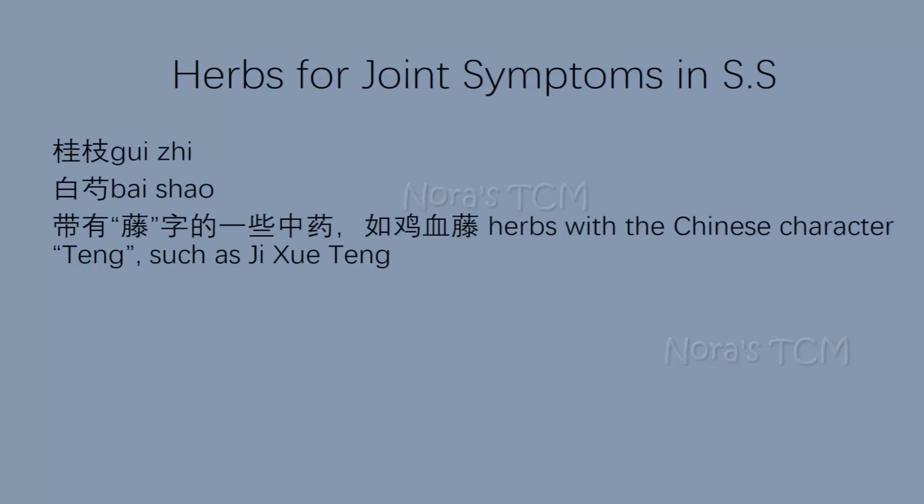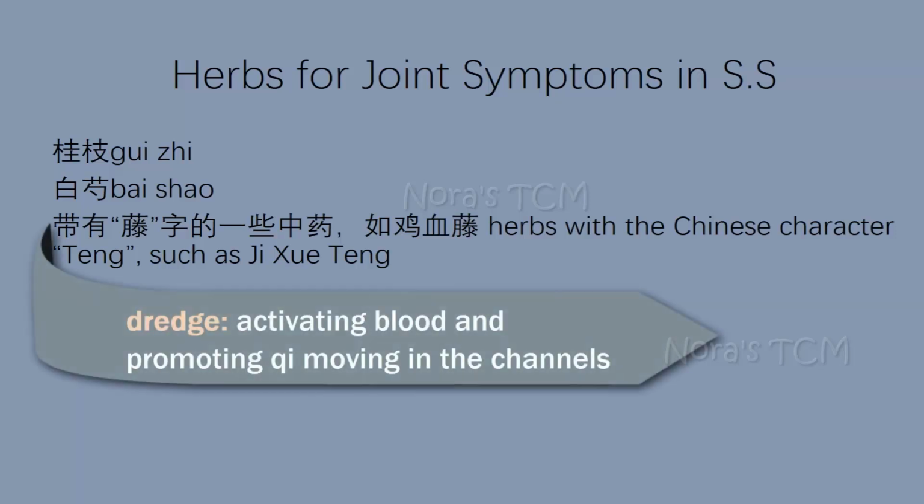Herbs for joint symptom in Sjogren syndrome, we normally use 桂枝, 白芍, or herbs with the Chinese character 藤 such as 鸡血藤. And herbs for joint symptoms, this is a complete systemic damage in the developing of the disease. And the 藤 is a kind of a series of herbs with very strong function to 通 meridian. 通 means activating blood in the channel.